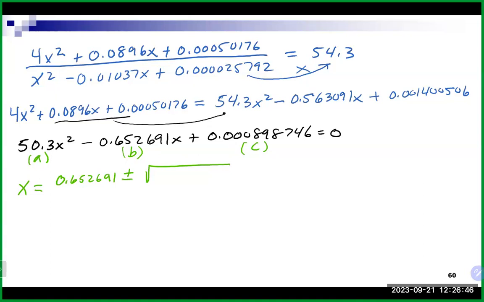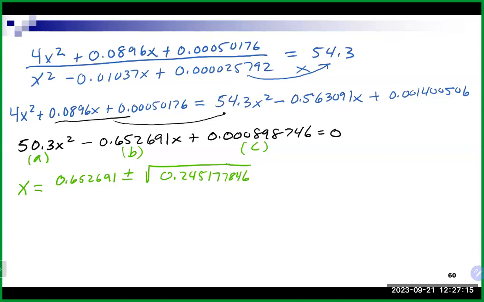trust my number I have written, so I'm going to do it one more time myself. It's about 0.652691 squared minus 4 times A, which is 50.3, times our C, which is 0.000898746. It's going to give you, before you take the square root, inside 0.245177846.